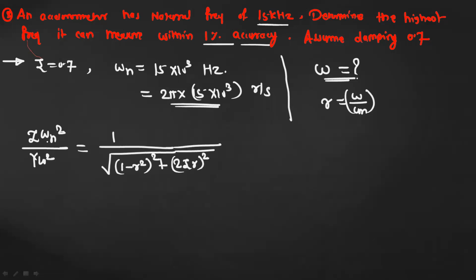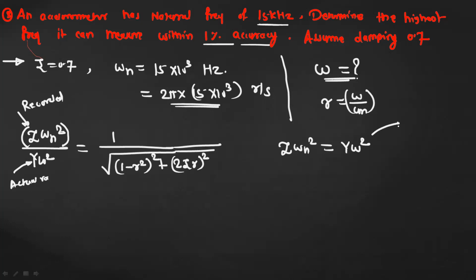Okay, so what is given? 1% of accuracy. So what is the meaning of 1% of accuracy? This z omega n square is the recorded value, and this is the actual value. So if the recorded value z omega n square is equal to y omega square, the instrument is 100% accurate and has 0% error.